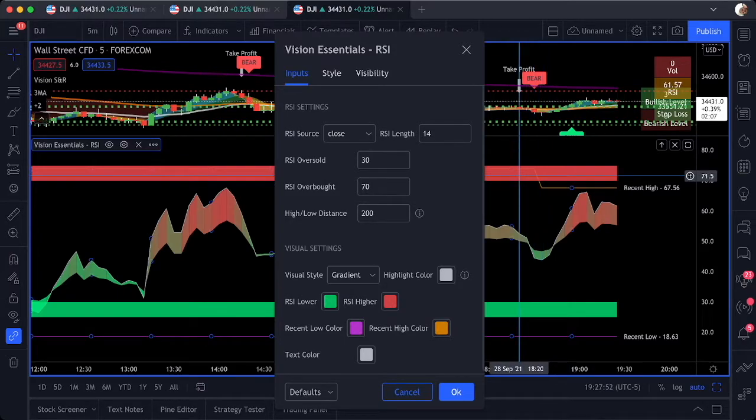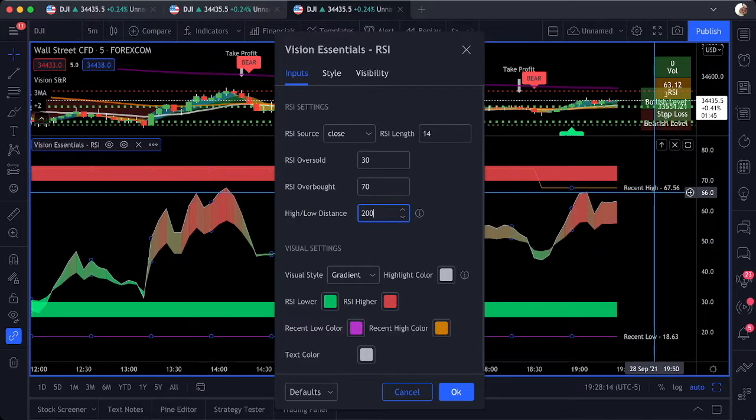Then we have the high-low distance. That is right here. Right now it's set on 200. What this does is it's going to define the number of candles back that the indicator will look to determine the recent high and low values.